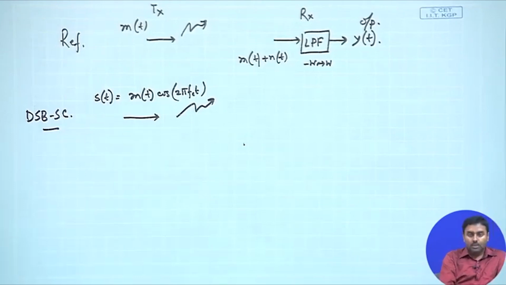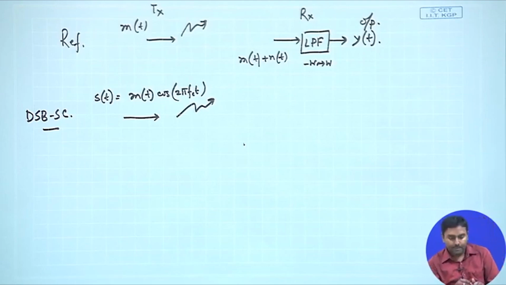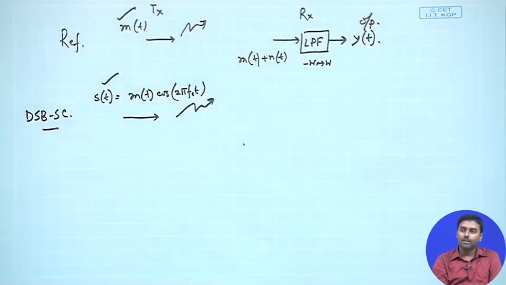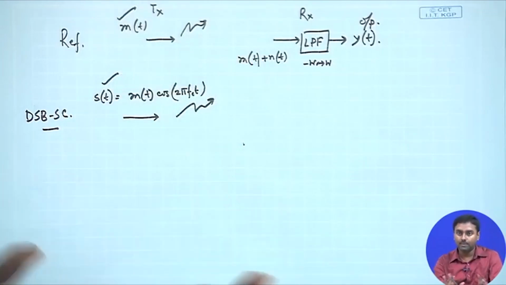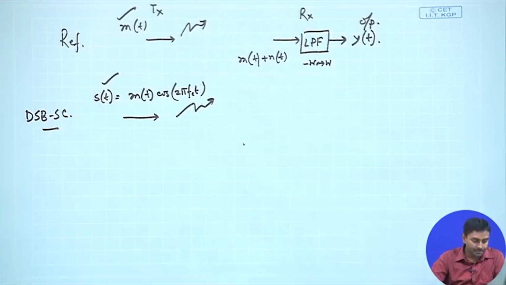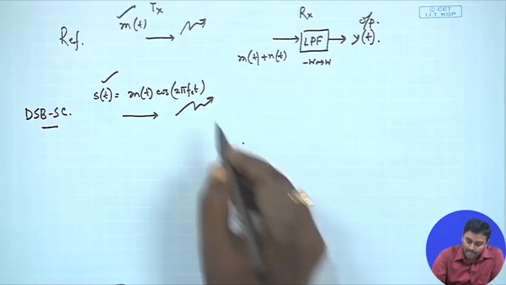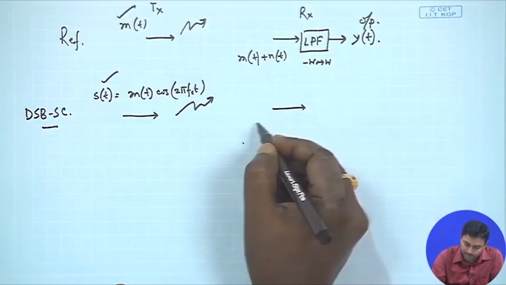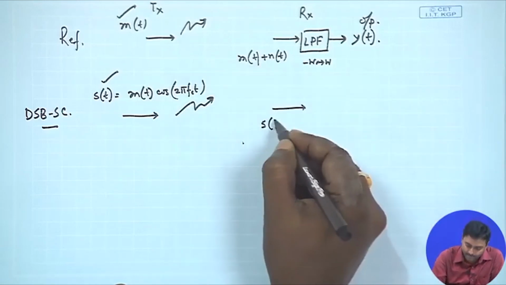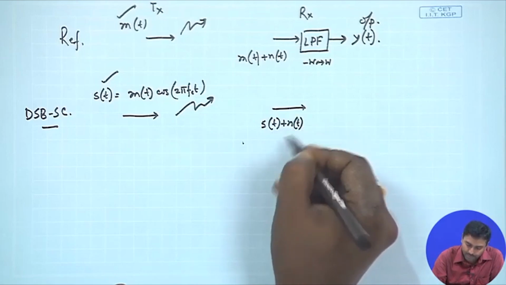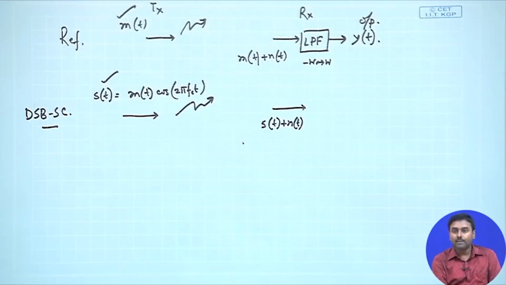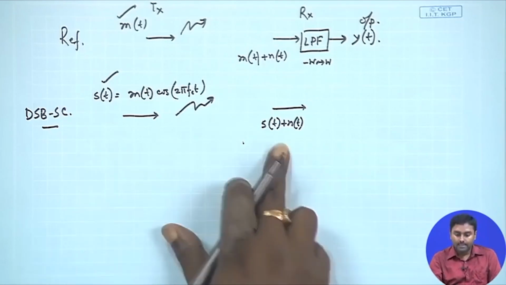Whenever we are modulating, we need to ensure that this power and this power, both of them are launching equivalent power. This is something we will have to make sure. And then I will be receiving somewhere. Now it should be s(t) plus n(t), because s(t) has been transmitted and additive noise has been added to it.